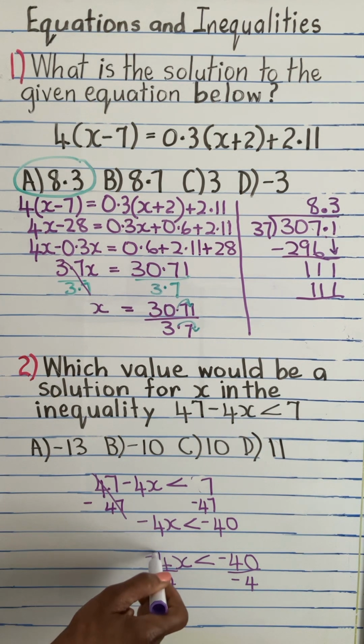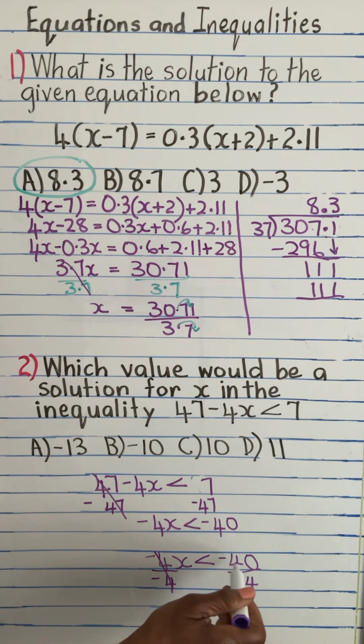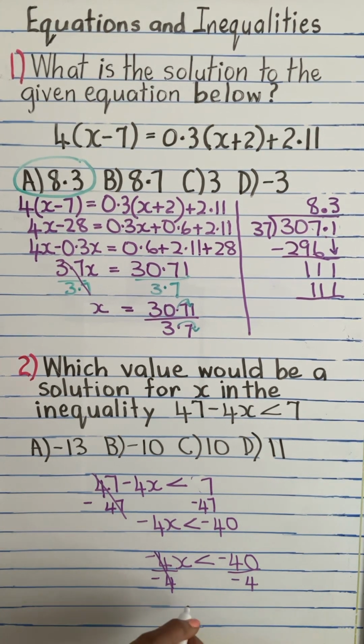This will cancel out, and this. So x is right here, and that is equal to 10.